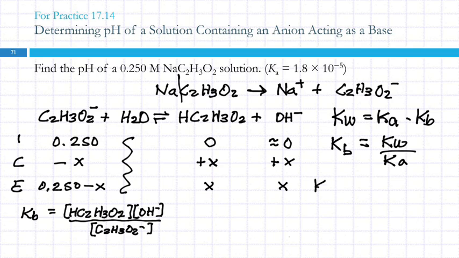Okay, so we can calculate the Kb then. Kw, 1 times 10 to the minus 14, divided by the Ka that they gave us. I'm getting 5.555 forever times 10 to the minus 10.